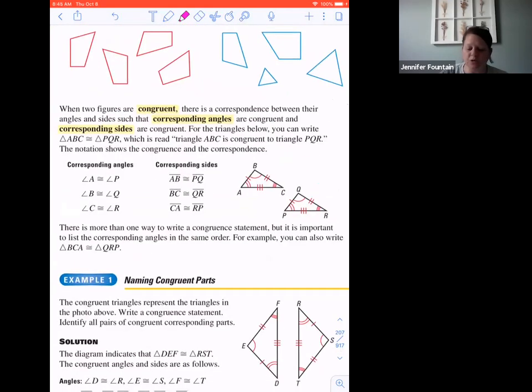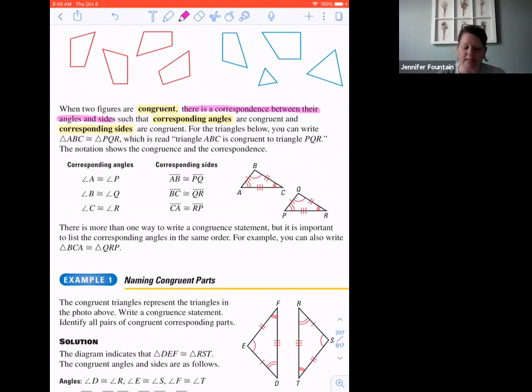So it says when two figures are congruent, there is a correspondence between their angles and sides, such that the corresponding angles are congruent and corresponding sides are congruent.